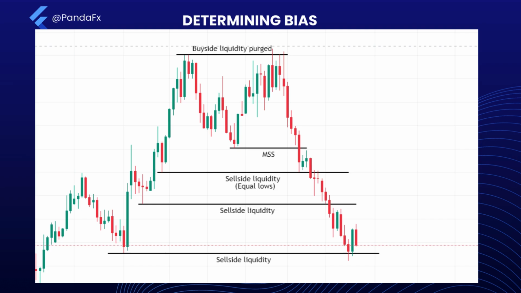So if you're expecting these sell stops to be taken out, your bias day in, day out would be looking for sells to take out that sell side liquidity. You're expecting price to go lower day in, day out. One of the things you can target is the previous day's low. That's a good draw on liquidity.